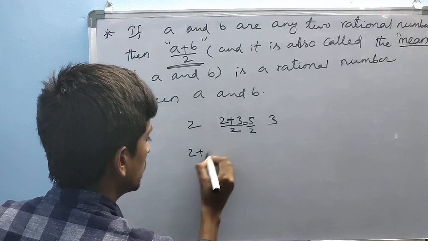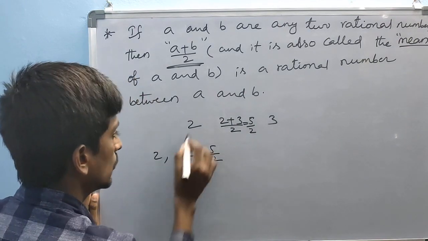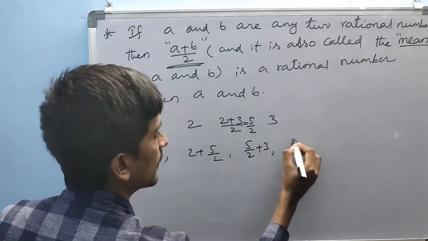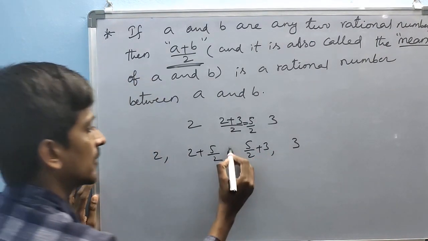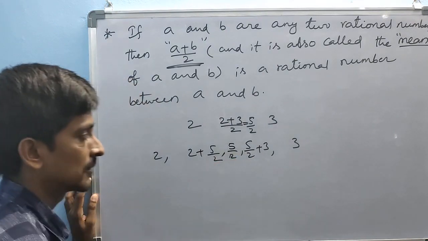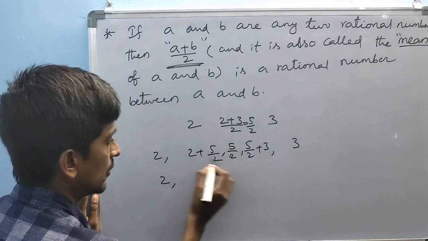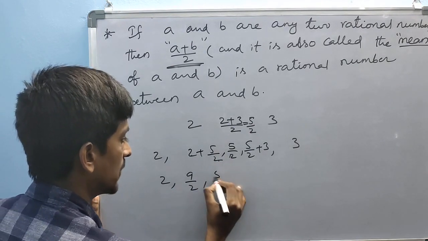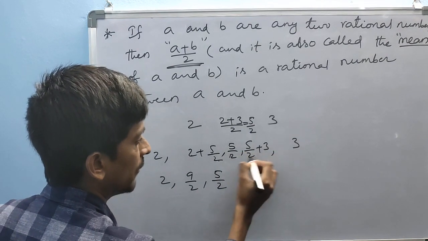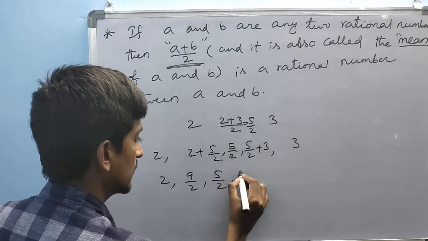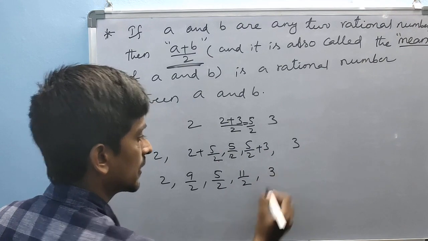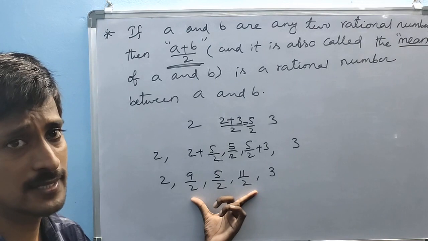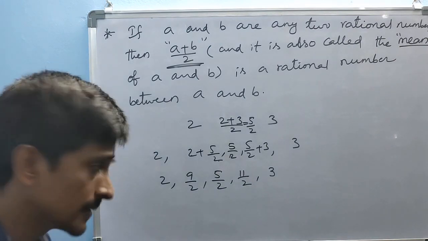Then 2 plus 5 by 2 over 2 gives 9 by 4, and 5 by 2 plus 3 over 2 gives 11 by 4. These are the next rational numbers, and so on like that.